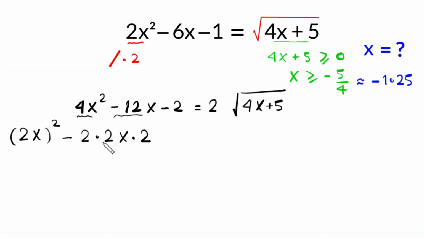It means that this is 8x. To complete the square, we add here 2 squared, and remaining negative 4 times x. Since we have added 4 here, we also subtract 4.